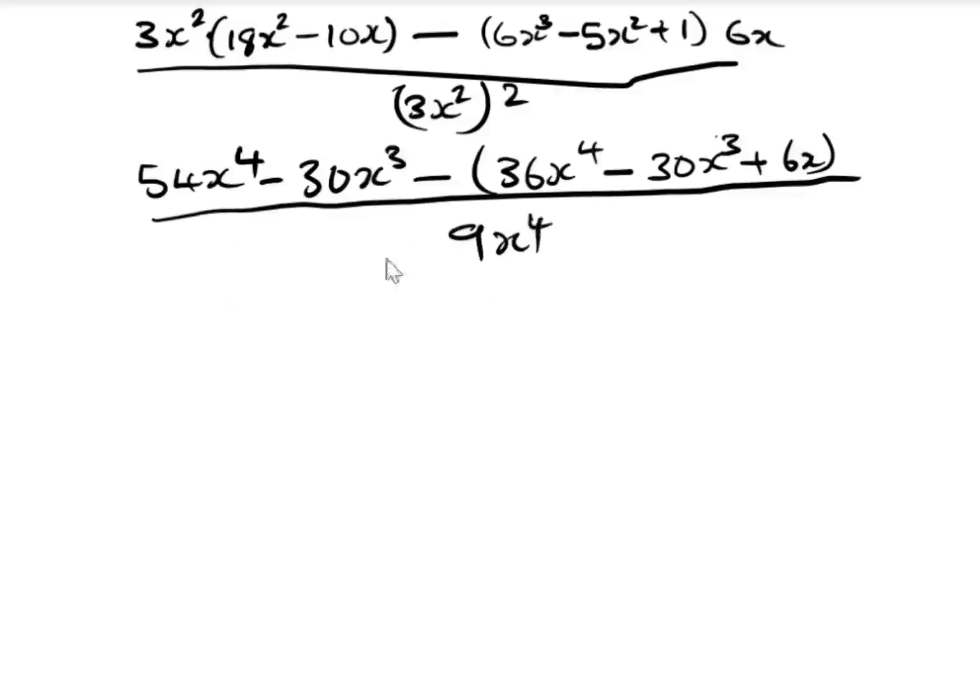Then simplifying further, I have 54x power 4 minus 30x cubed.